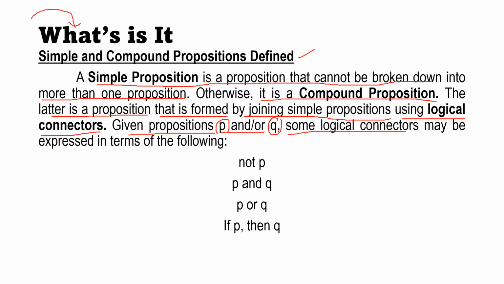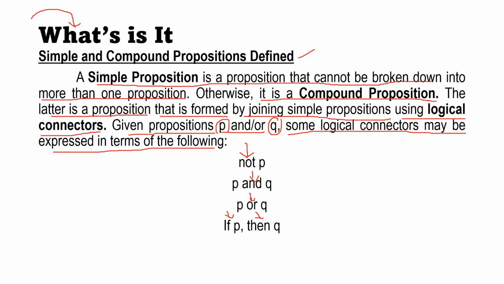Some logical connectors may be expressed in terms of the following. As you can see here, there is the not, the and, the or, the if-then, and the if and only if.